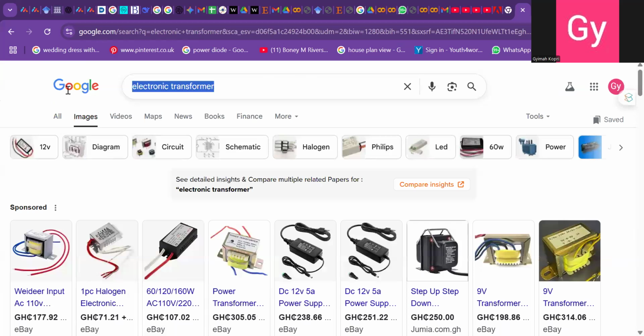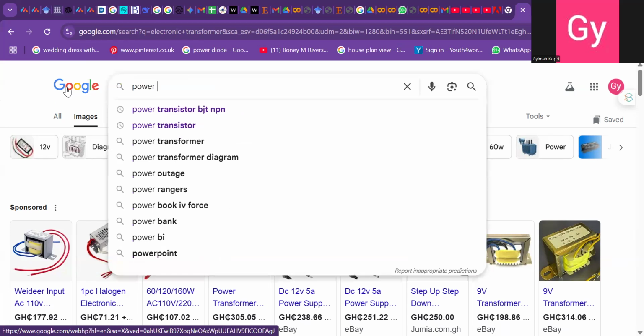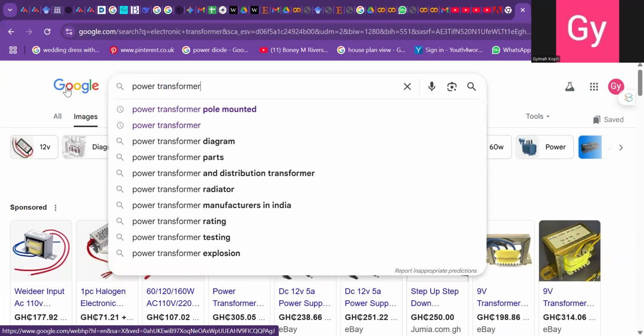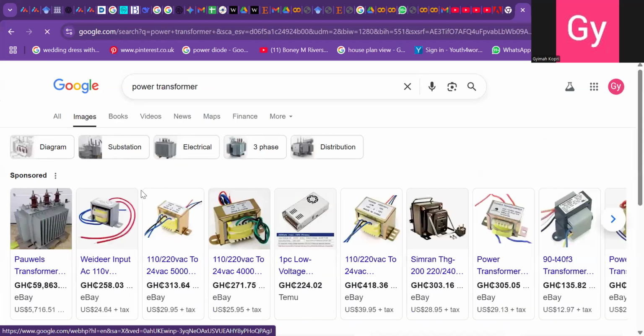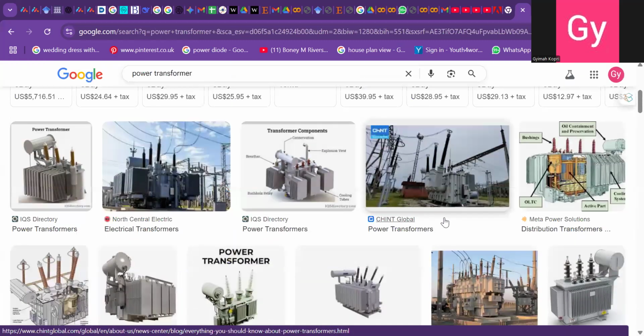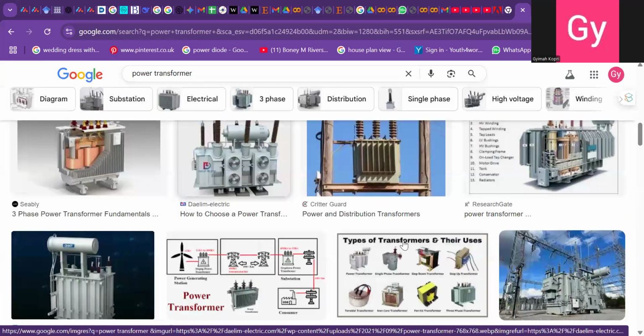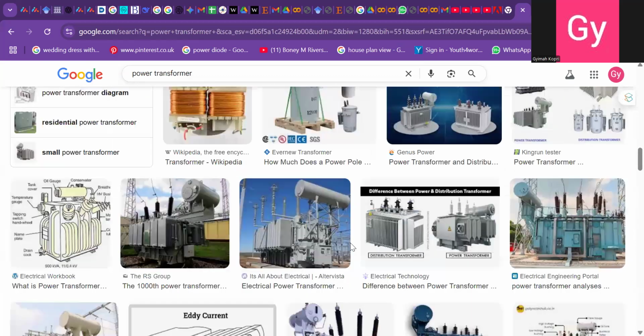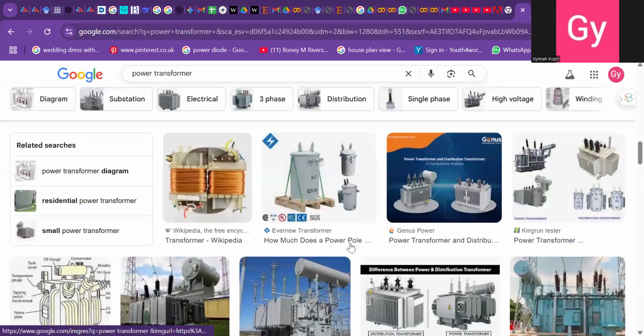That one is called a power transformer, pole mounted or whatever. These are the power transformers I'm talking about. That is when you come to our main power grid. That is not what we are talking about now. We are talking of the electronic one.